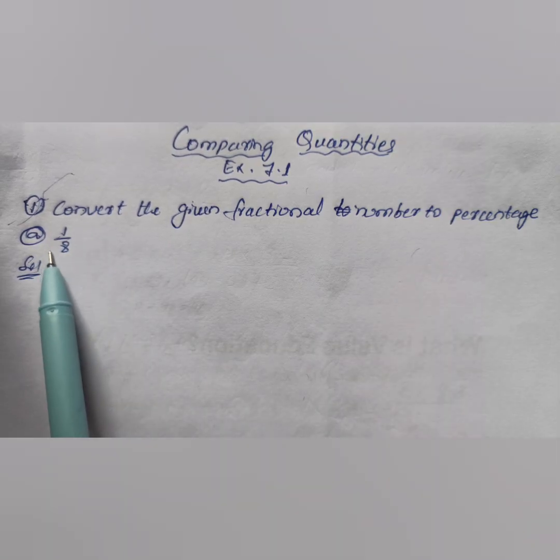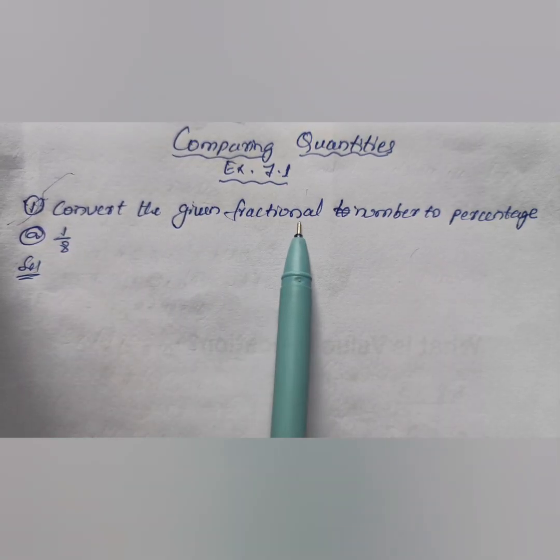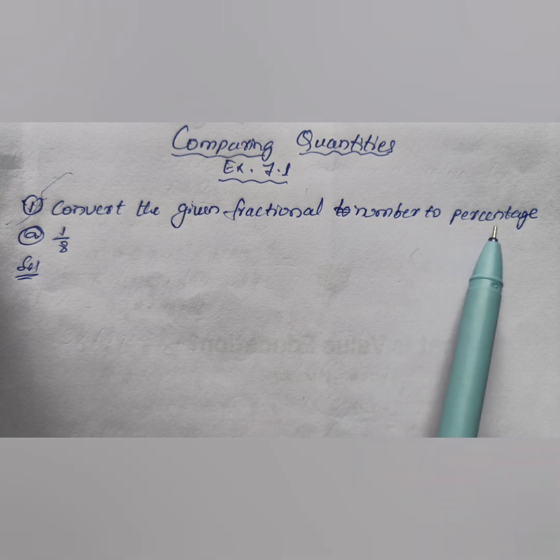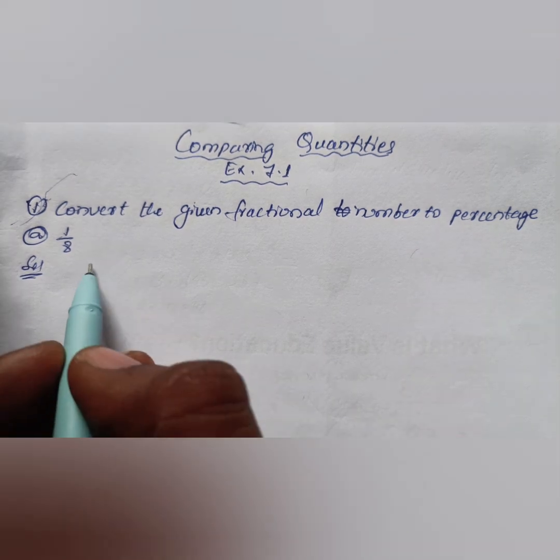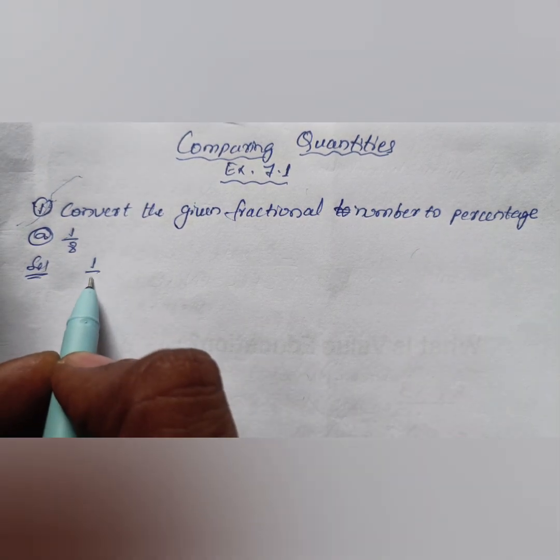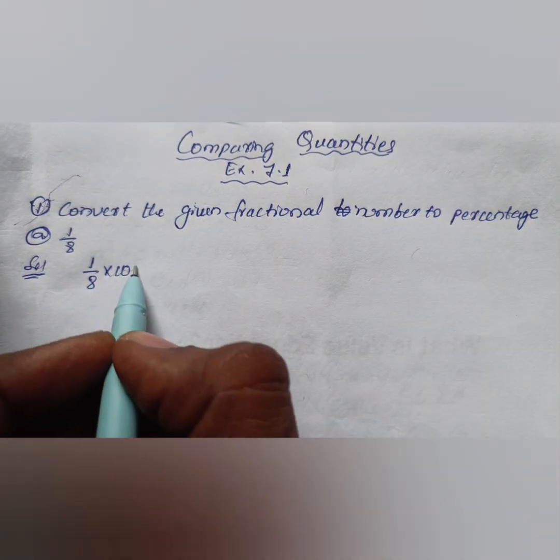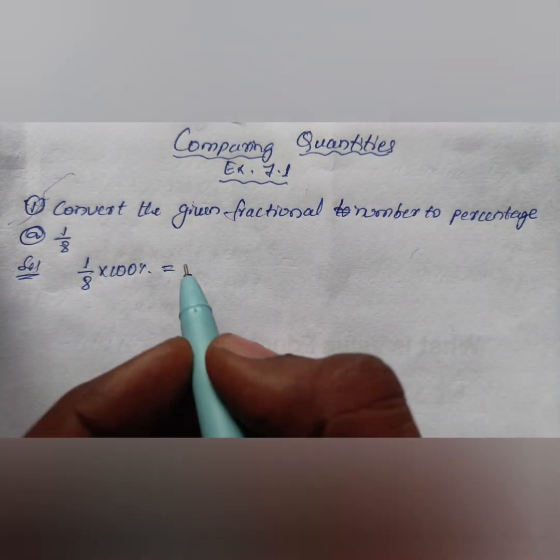This is in the form of a fraction. So 1 by 8, a fraction number, should be converted to percentage. We know that anything we want to convert into a percentage, we multiply that number by 100.